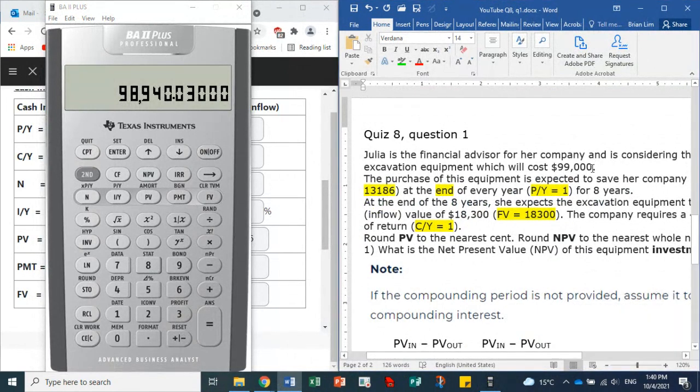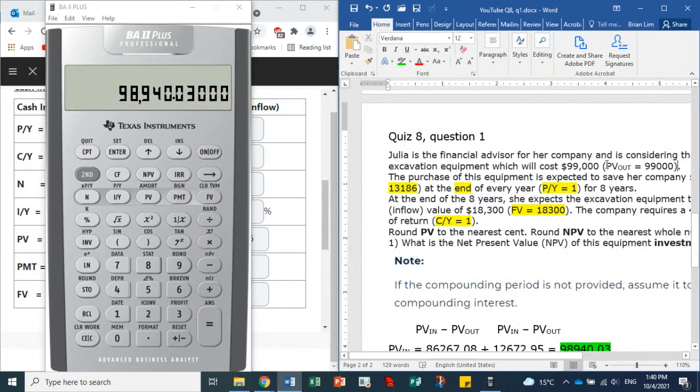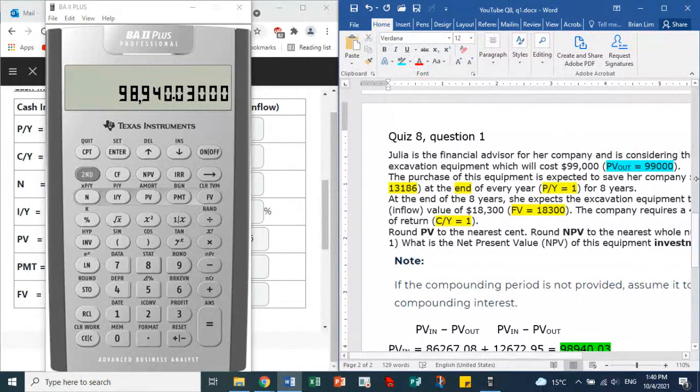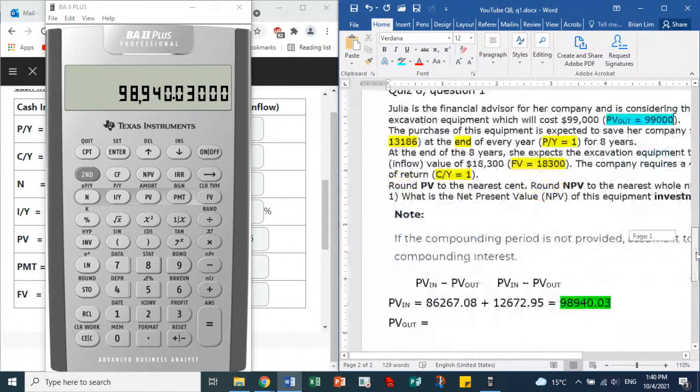So let's go here and maybe document it. So that's the present value, and we will make sure we put out, and then equal to 99000. Now we can use a different color so it's distinct, and that will keep it from getting confused. All right, so use the turquoise.